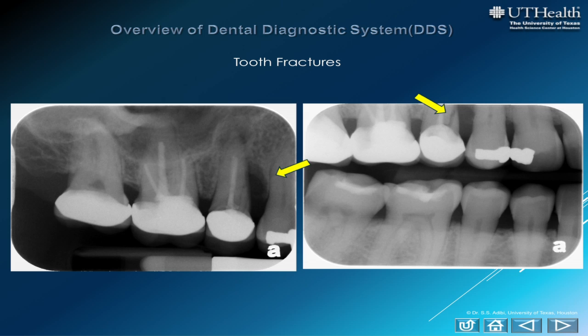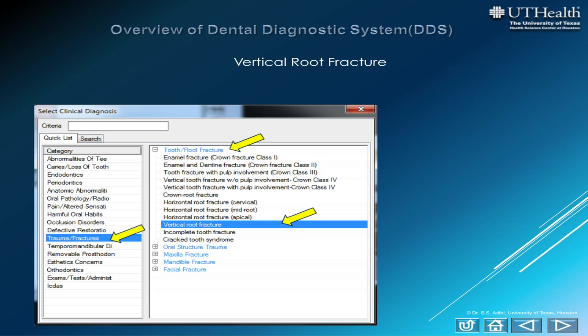Since the fracture appeared to be vertical in nature and no vital pulpal tissue remained in this case, a diagnosis of vertical root fracture was selected under the category of trauma and fracture and the subheading of tooth root fracture.